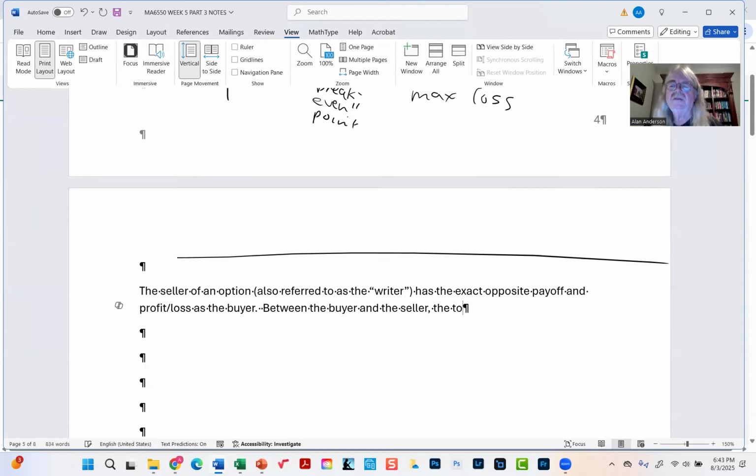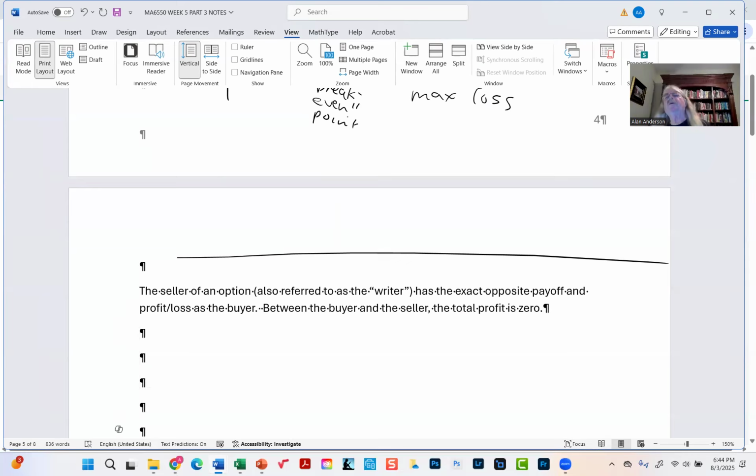It has to be. They can't both make money because they're on opposite sides of the same position. So what that means then is that we have to define a new payoff profile and a new profit or loss function for the sellers.